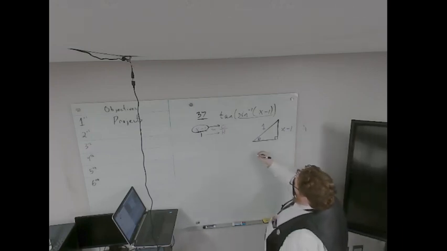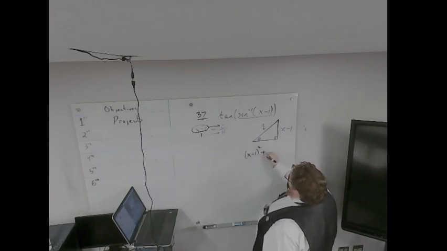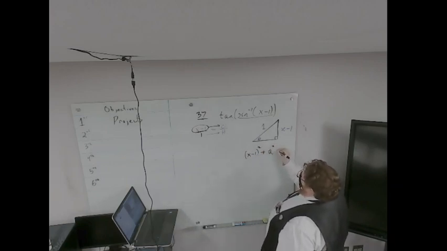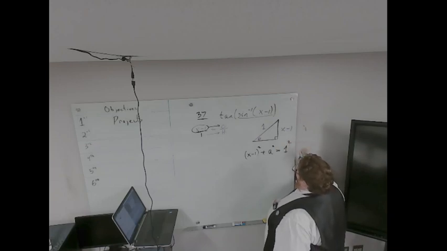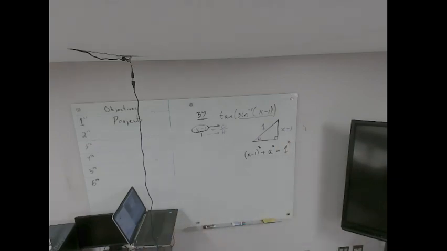Let's do it. My opposite is x minus 1, so opposite squared plus the adjacent squared equals the hypotenuse squared. Even though it's weird values like x minus 1 and 1, I'm still using Pythagorean's theorem the same as I normally would.